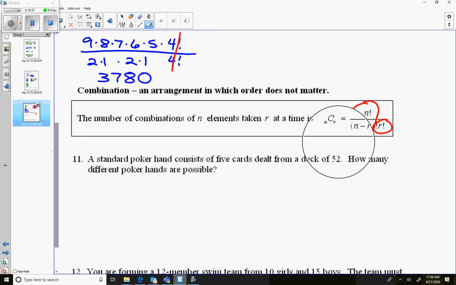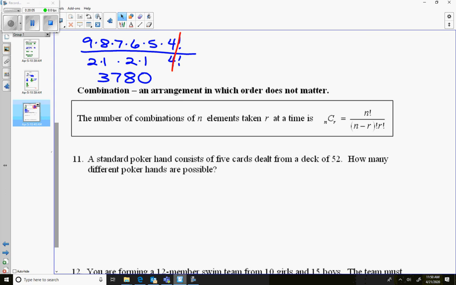Now, we did the combination formula yesterday with the binomial theorem stuff. So you've already kind of seen this. I don't know if it was yesterday or not. But anyway, with the binomial theorem lesson, we kind of started with these combinations. So you've seen the formula already. But just be careful, don't confuse your permutations with your combinations.